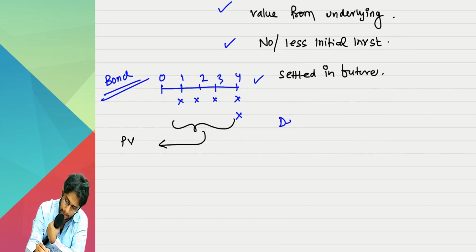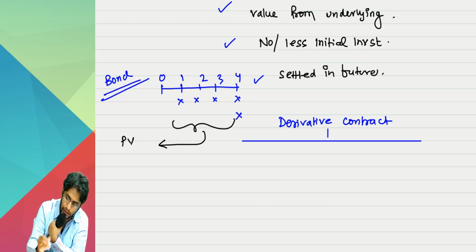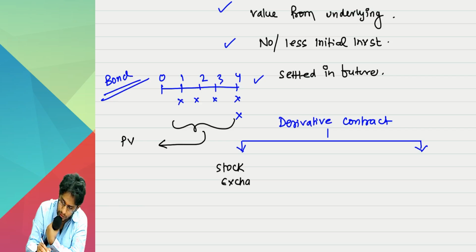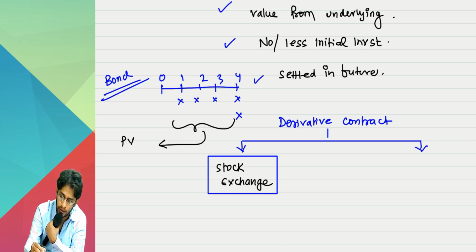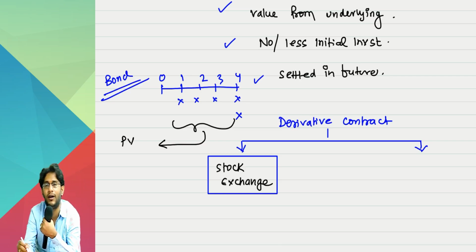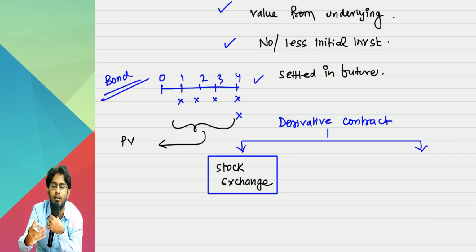Now sir, suppose you want to enter into a derivative contract. Where should you go and enter? There are 2 places where you can find derivative contracts. Number 1, stock exchange. There are some derivative contracts which are traded on the exchange market. There are some derivatives which are not traded on an exchange, but party to party you can construct a derivative contract.